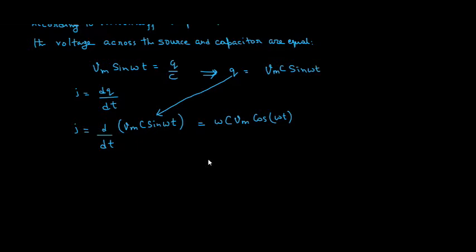Now we know from trigonometry the relation cos ωt = sin(ωt + π/2).